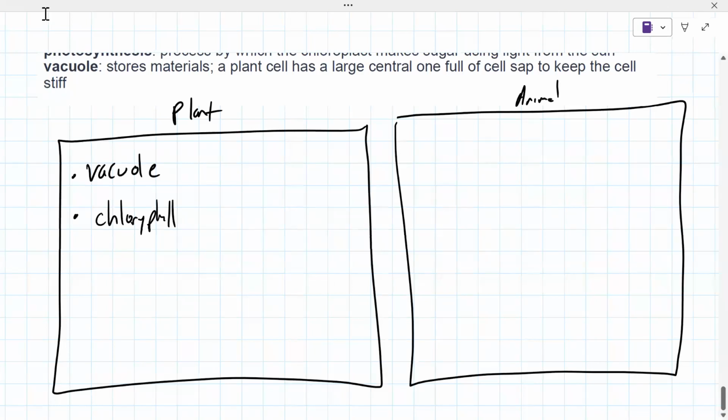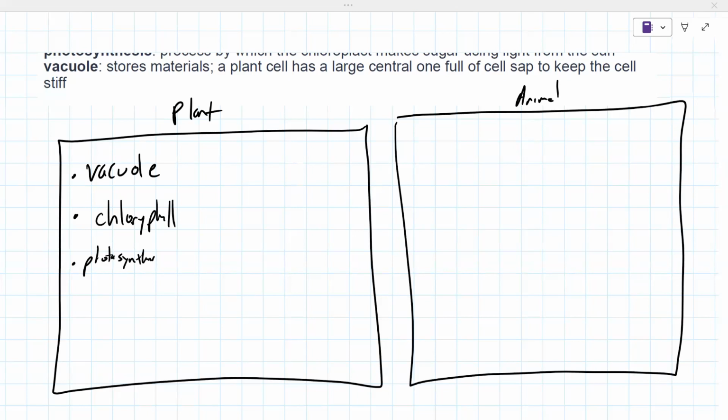Is there another word that's just plants that you see on your sheet there? Cellular respiration. Okay. That could be both. I mean, cells do that in both, but there are some that are for sure, like photosynthesis. That's for sure a plant thing. Animals aren't doing photosynthesis.